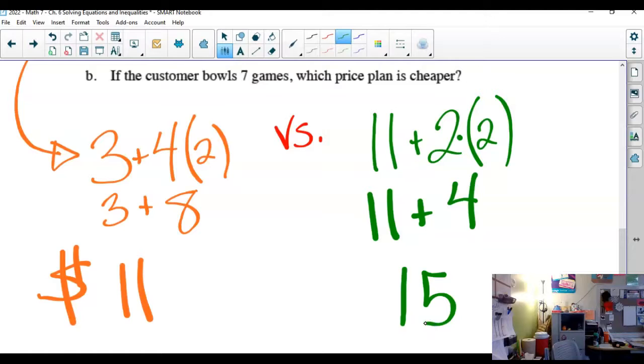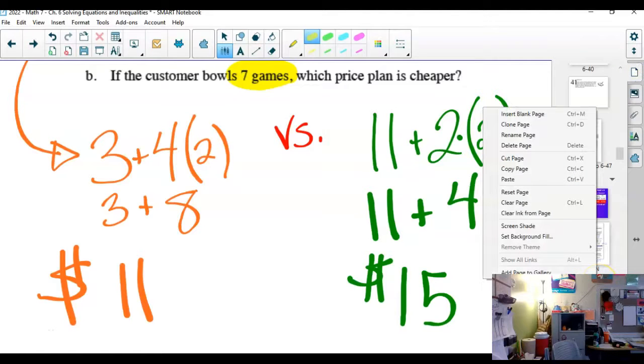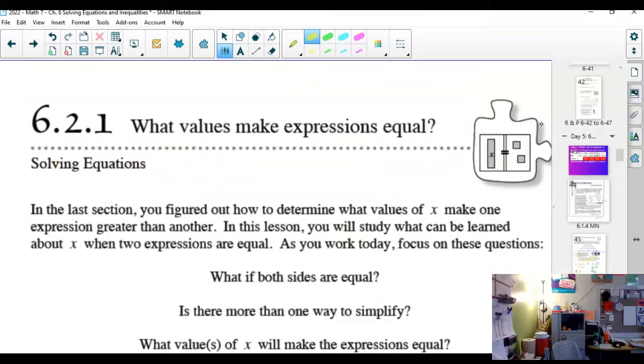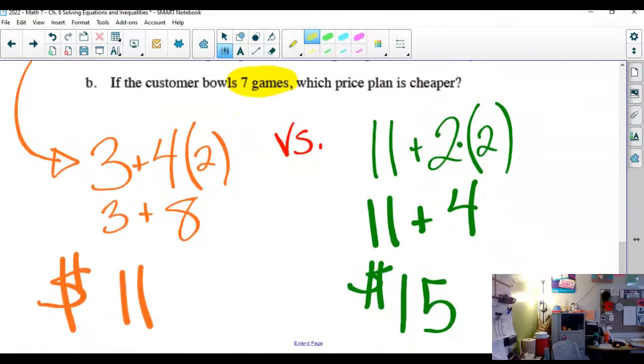So with 2 games, which one is cheaper? The original. But now for part B, do it again, but for 7 games. So we're doing the same thing, but now X will be 7. I'm going to erase the old work.